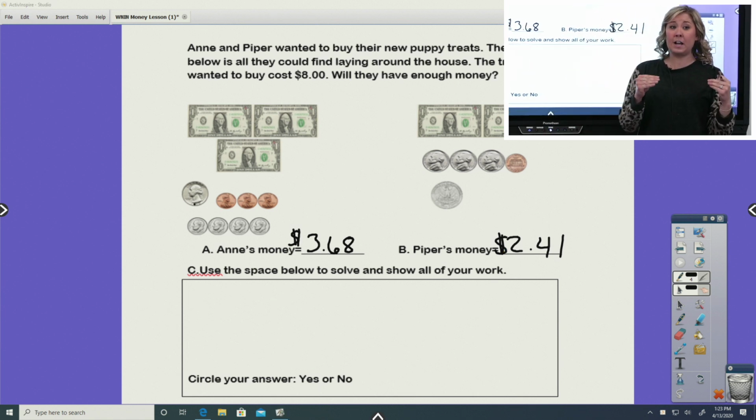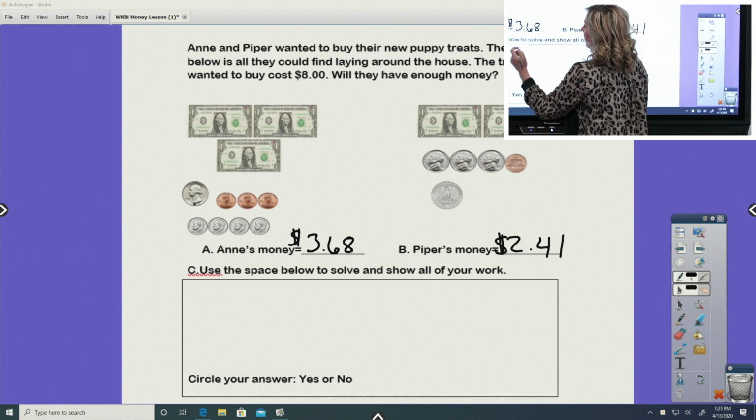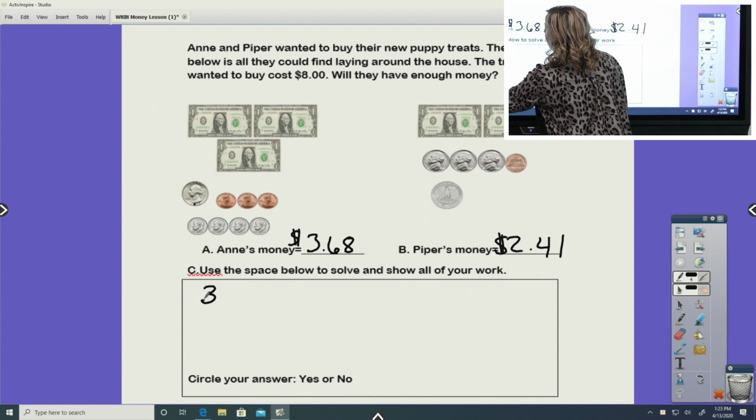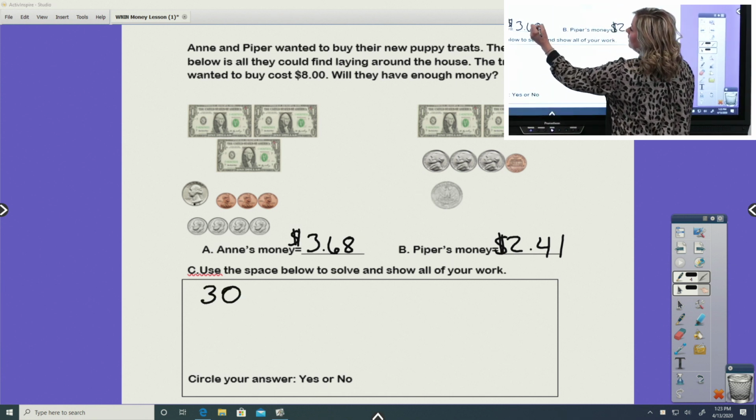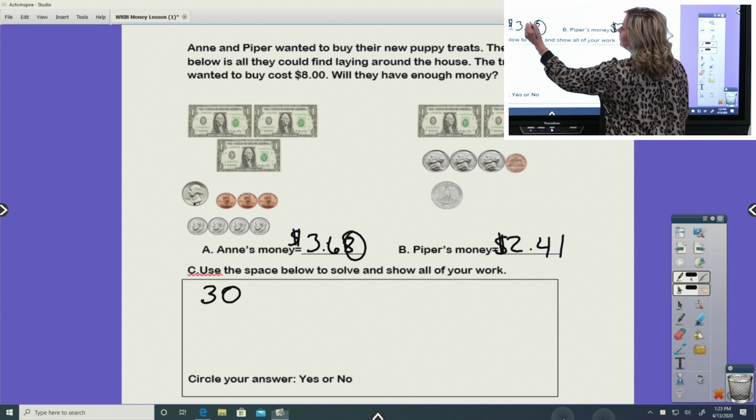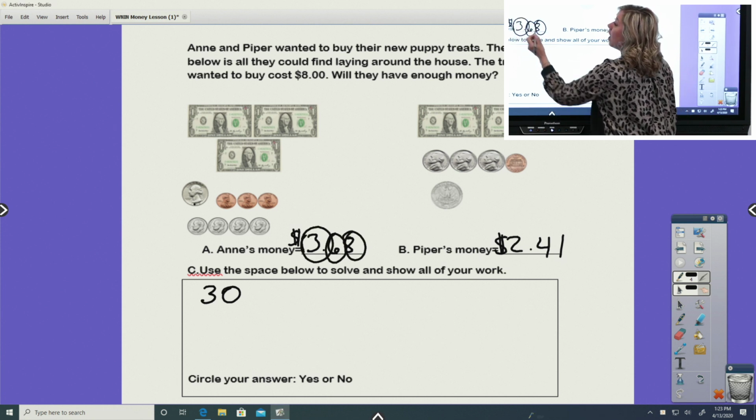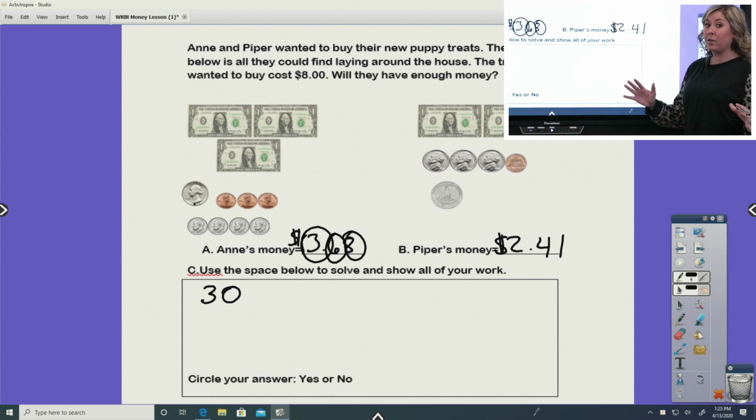We're gonna think of that as 368, okay? So 300, and we're gonna break it apart thinking that these are our ones, these are our tens, and these are our hundreds, just like we would do a regular math problem without dollar signs and decimals.